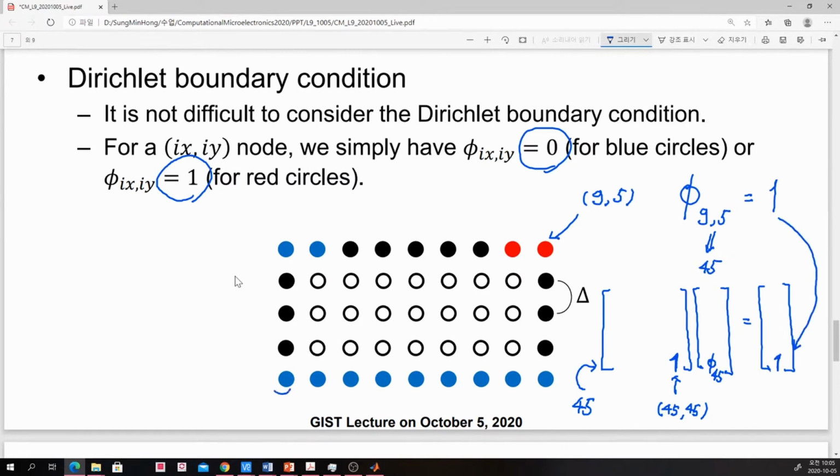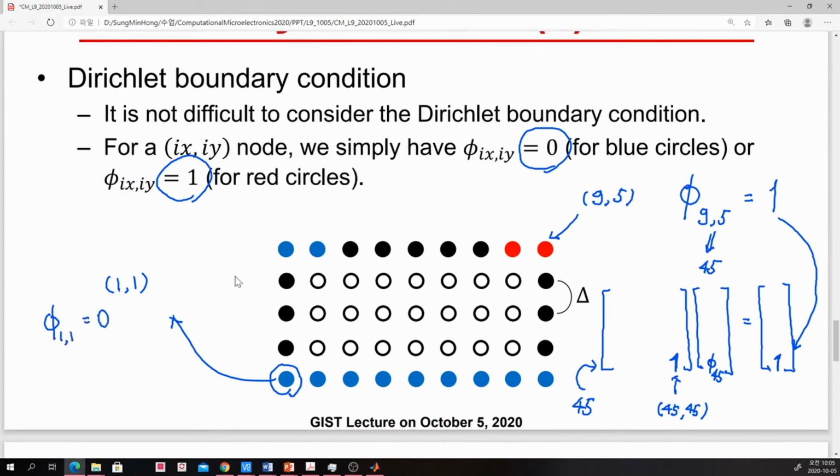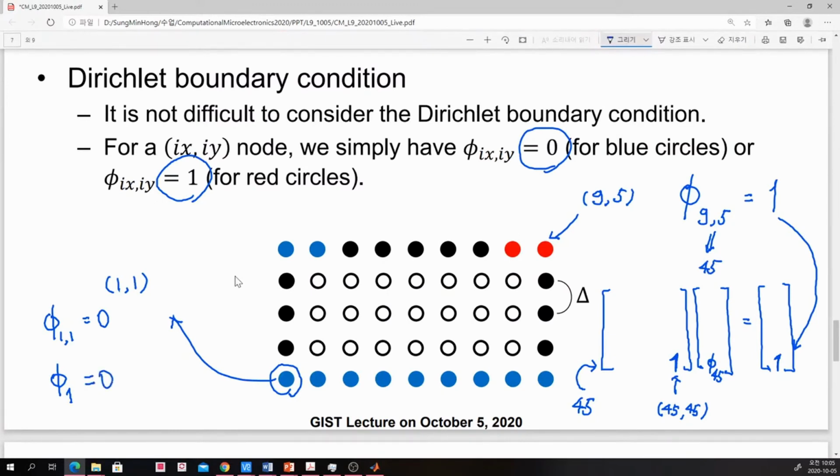Now think about 1,1. This 1,1 is corresponding to 1. So your original equation phi 1,1 should be 0 can now be cast into your first phi should be 0. Then this will contribute the diagonal 1 in the 1,1 component, and you have a phi 1, and it should be 0 because you have 0 here.